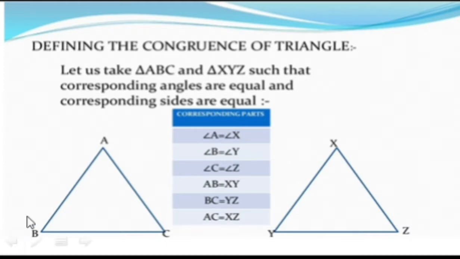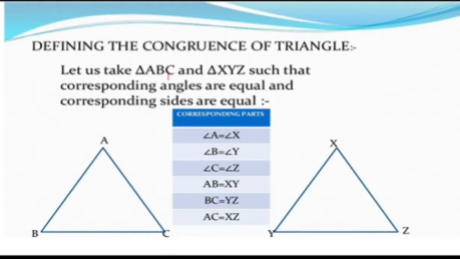Let's see now what this slide is saying. Let us take triangle ABC and triangle XYZ, such that corresponding angles are equal and corresponding sides are equal. What are corresponding sides? Children, just see, I am writing the triangle name as ABC.